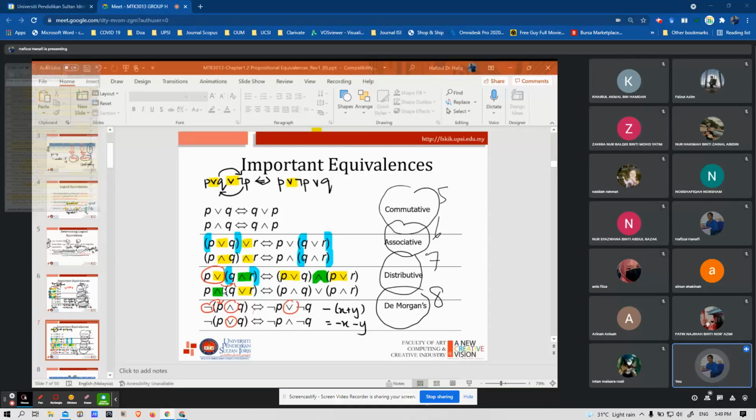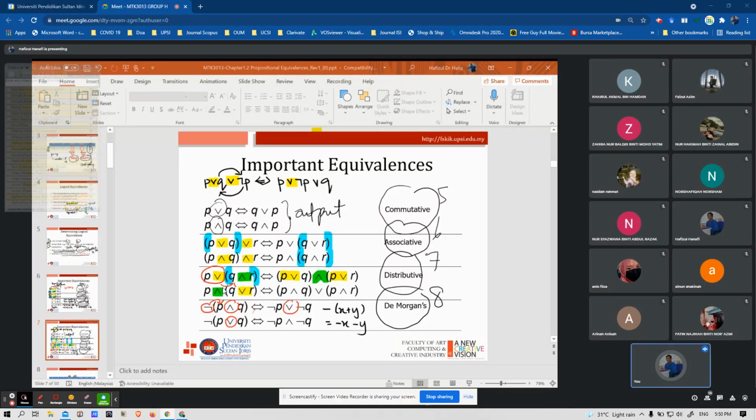It doesn't matter which of the two logical statements come first, and the result from the conjunction and disjunction always produces the same truth value. For example, here we have P disjunction Q, and the other one we have conjunction. Both produce the same output. Okay, this one is commutative.